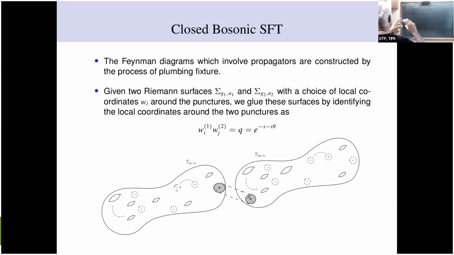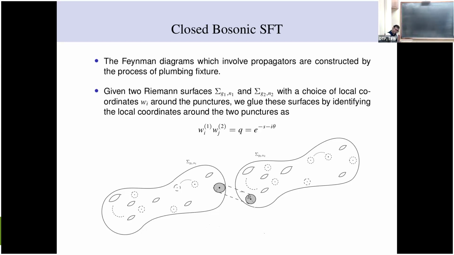Just a word about why this is a natural thing to do. Isn't it that maybe S goes to infinity or something? Yes, so there will be ambiguity, of course. But this way of identifying is natural and useful. This is what gives the Feynman diagram interpretation.